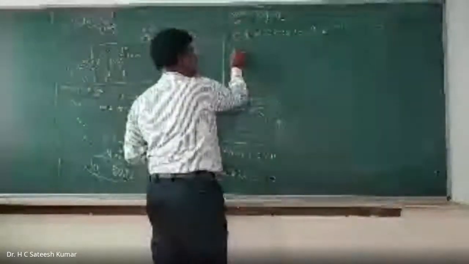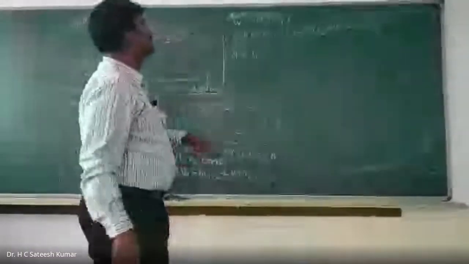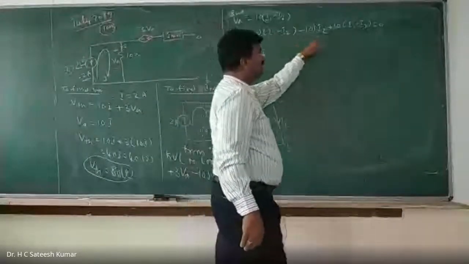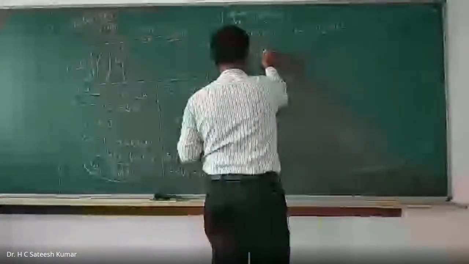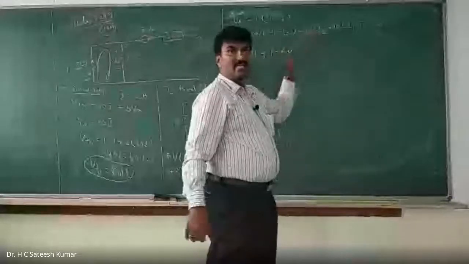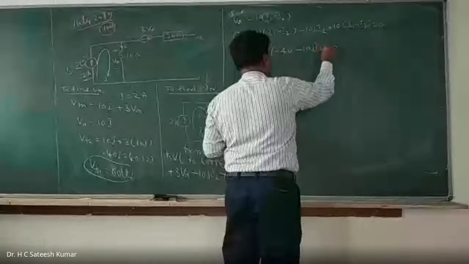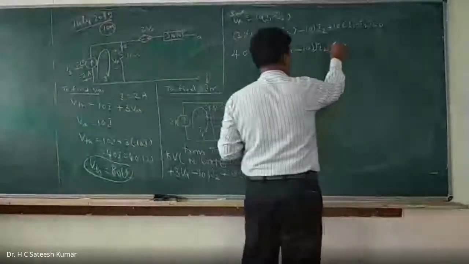Next I2: minus 30 I2 minus 10 I2, minus 40 I2, and minus 10J into I2, so minus 40 minus 10J into I2 is equal to 0.